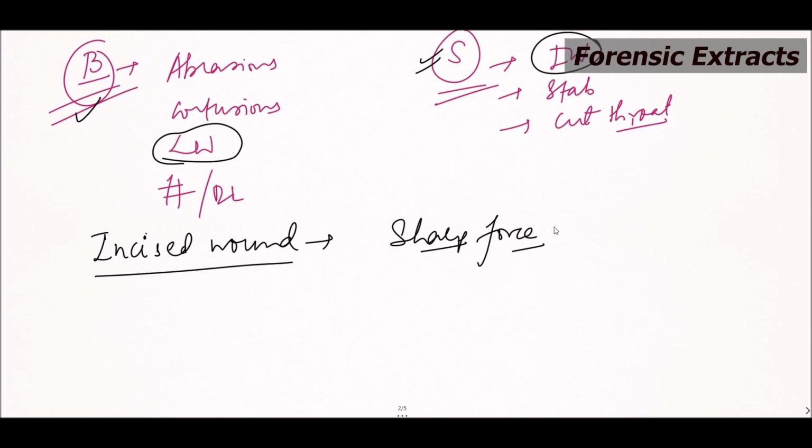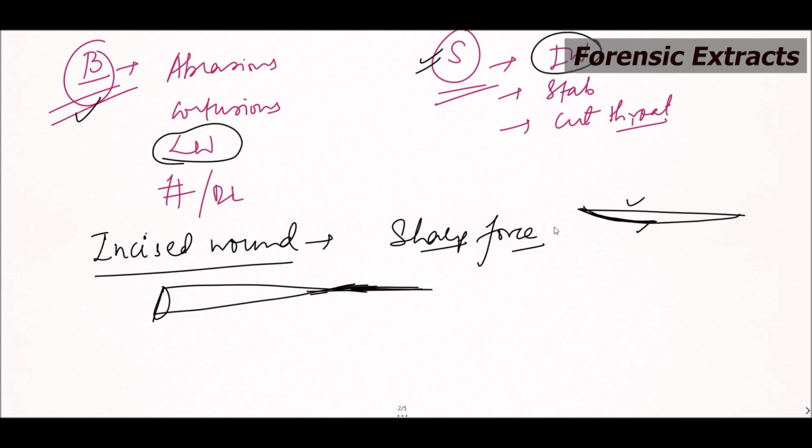Suppose this is the blunt edge, this is the sharp edge, and this edge can produce the incised injury. So the initial point, the starting point will be deeper, and the ending point will be shallower, and there is a tailing like this.